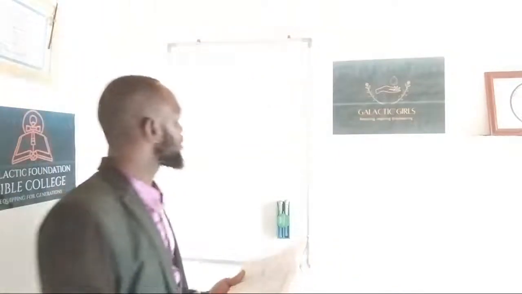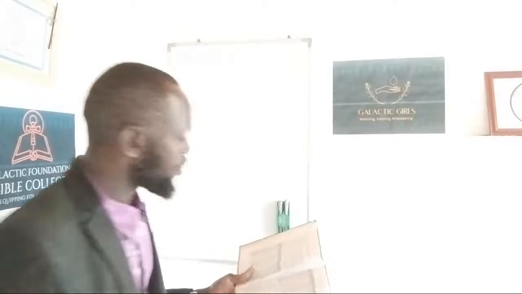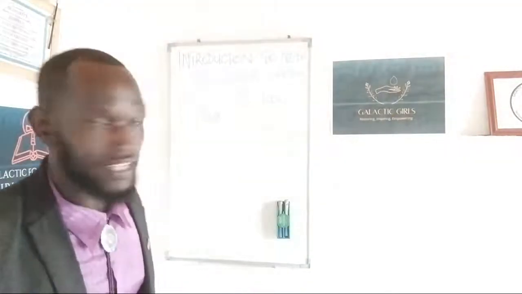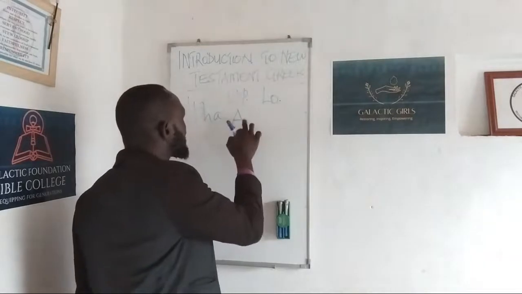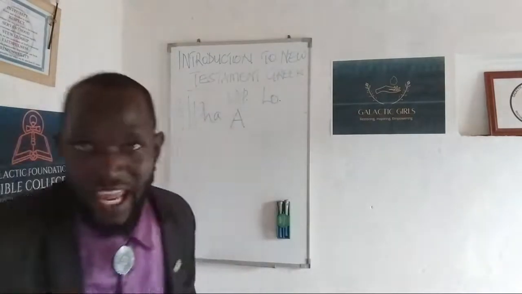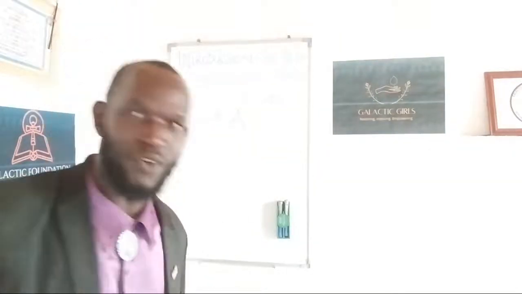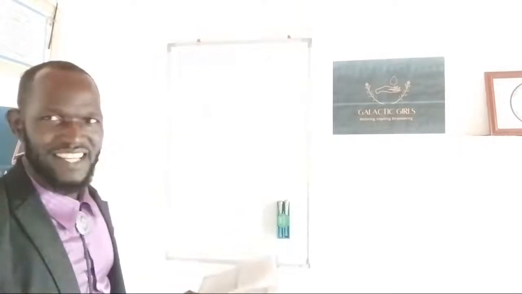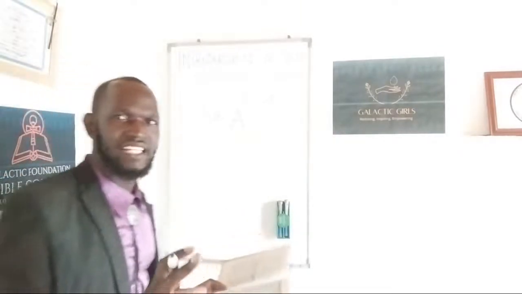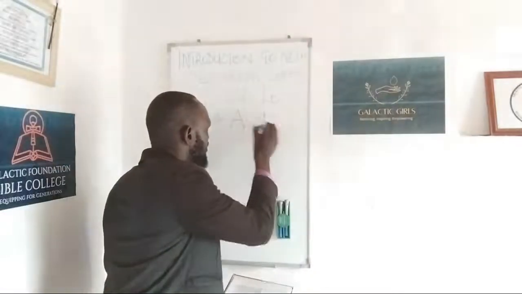Then we'll look at its English equivalent. So, in the uppercase, alpha is exactly how the English capital A appears. It's very important. And then in the lowercase, it's very close to the English a. It's something like that.